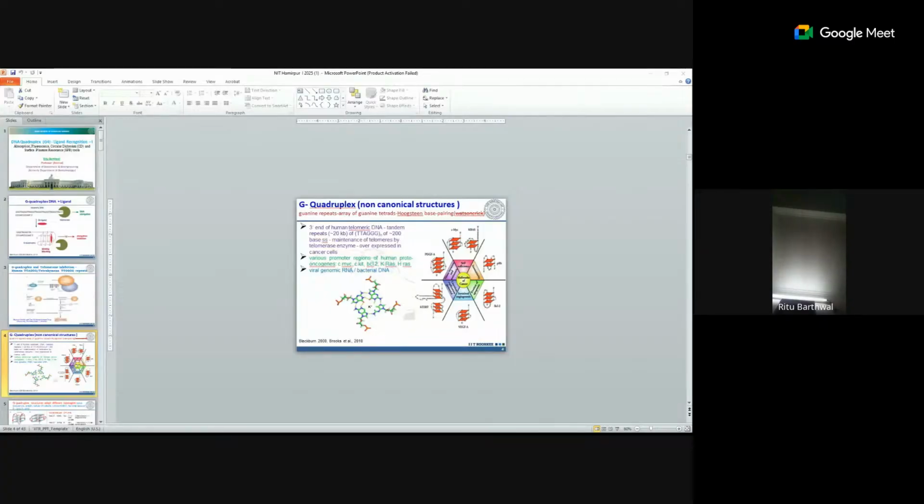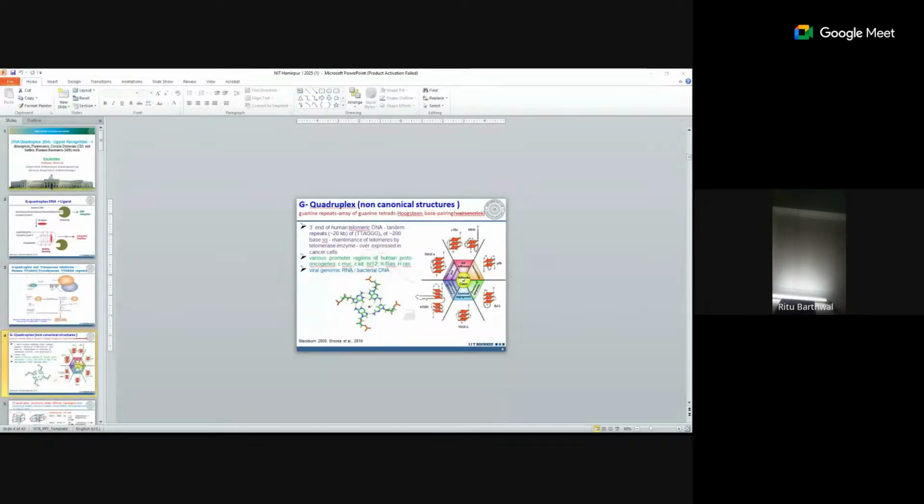You can have another alkali atom like cesium, but it so happens that it is large in size and it does not fit. So for all our studies, we use potassium and sodium, which are present anyway in in vivo systems. So often you will see, when we talk about this, potassium is higher in concentration. So the biologically relevant form is the one which we see in potassium ions.